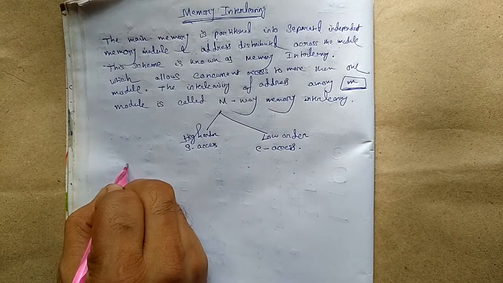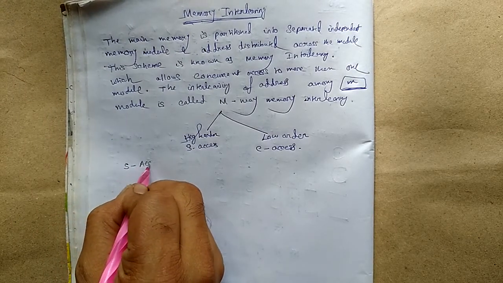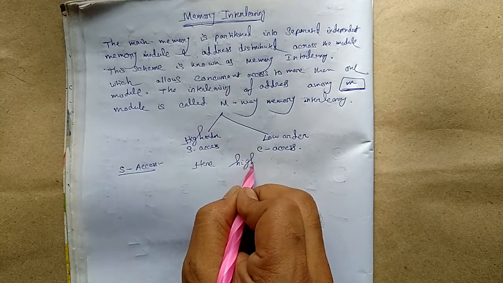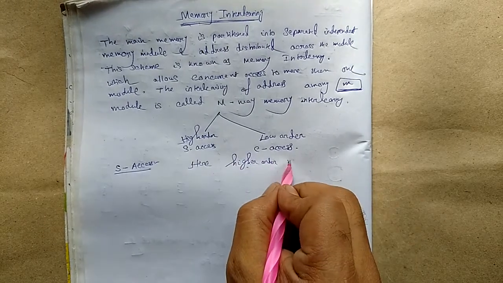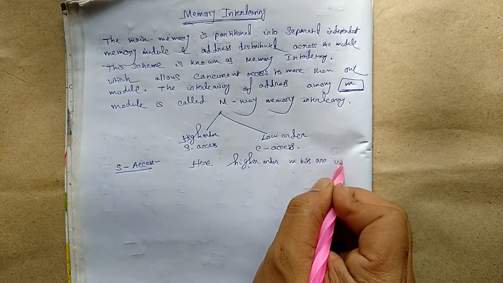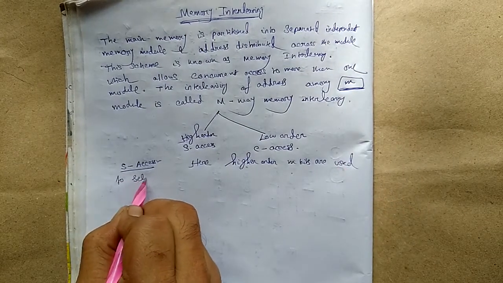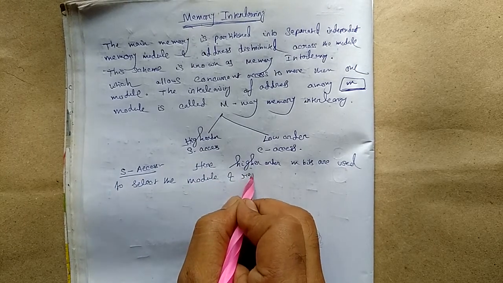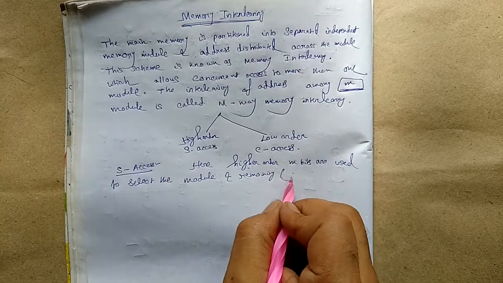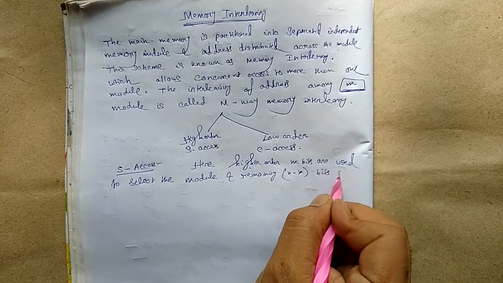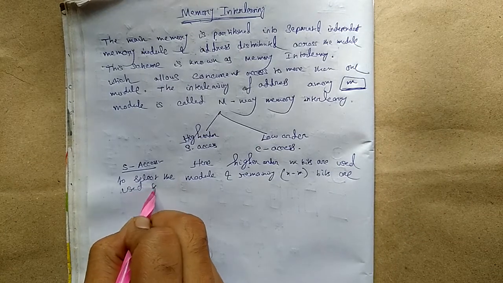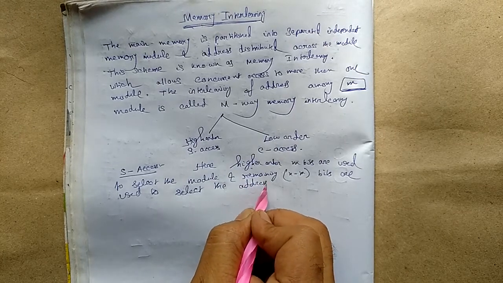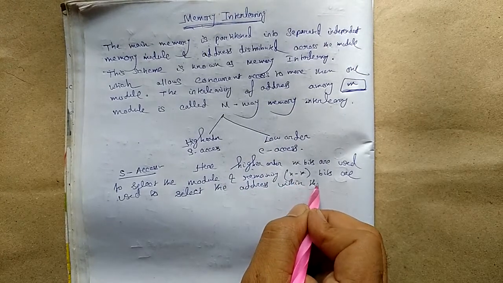Now come to what is S access, or simultaneous access. Here, the higher order M bits are used to select the module, and the remaining N minus M bits are used to select the address within the module.